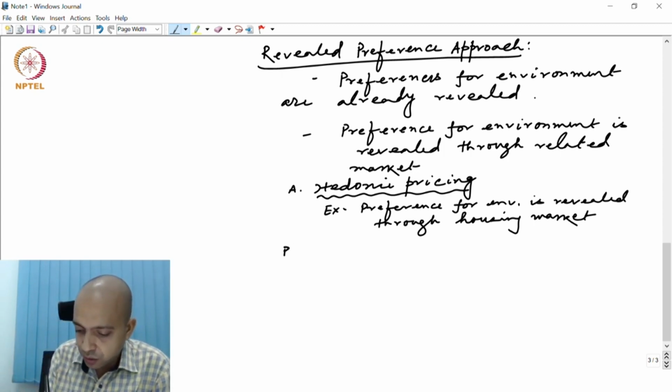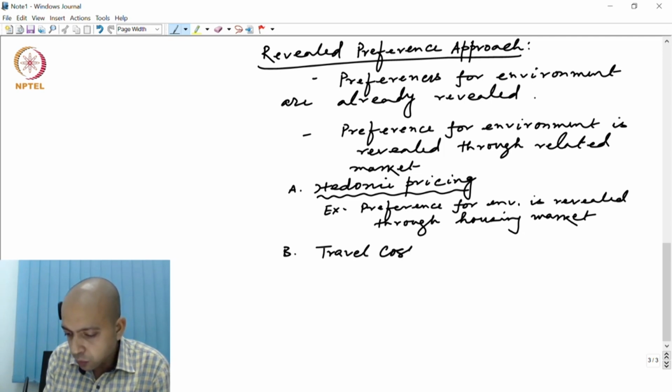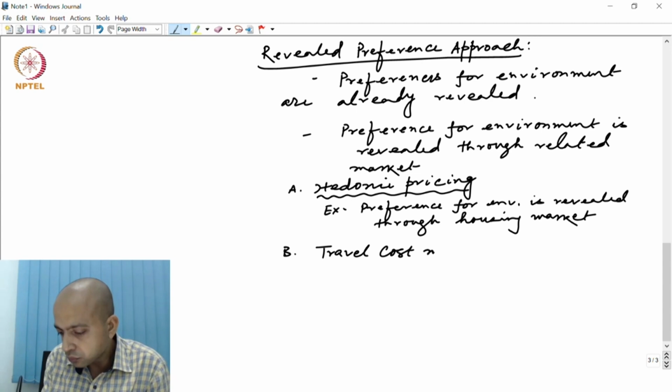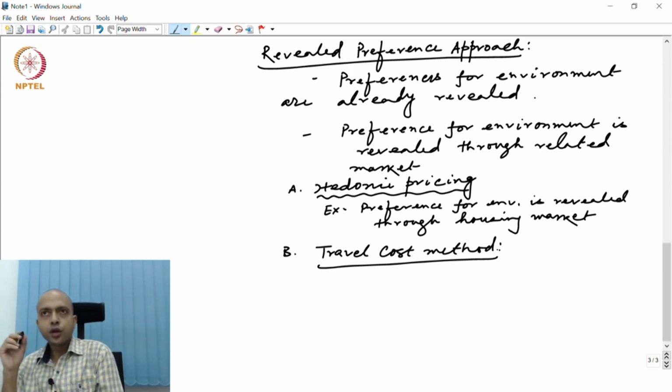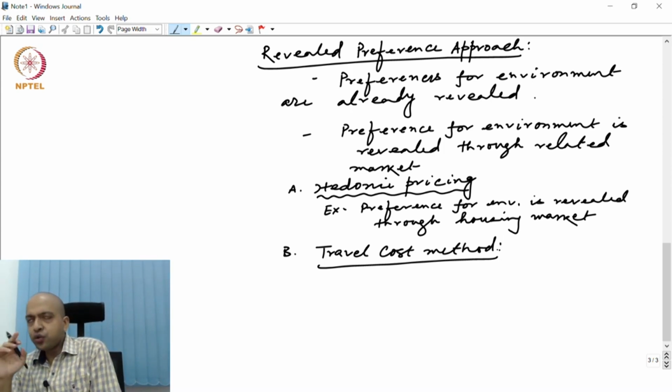The second is called the travel cost method. Many a times we travel to different locations to enjoy the natural beauty, isn't it? We go to the hilly region to enjoy the beauty.